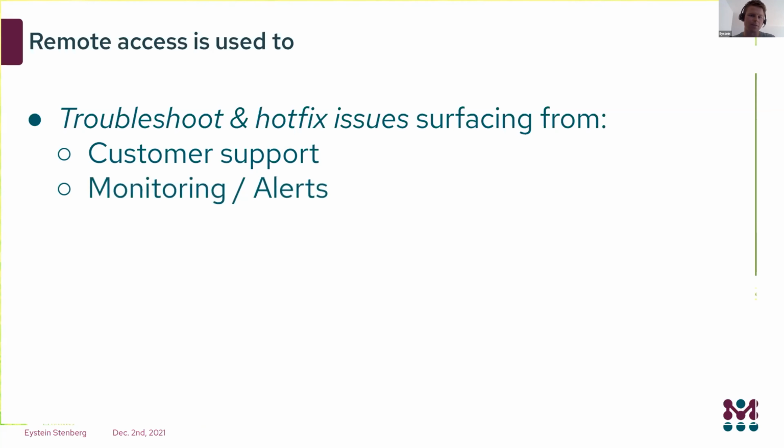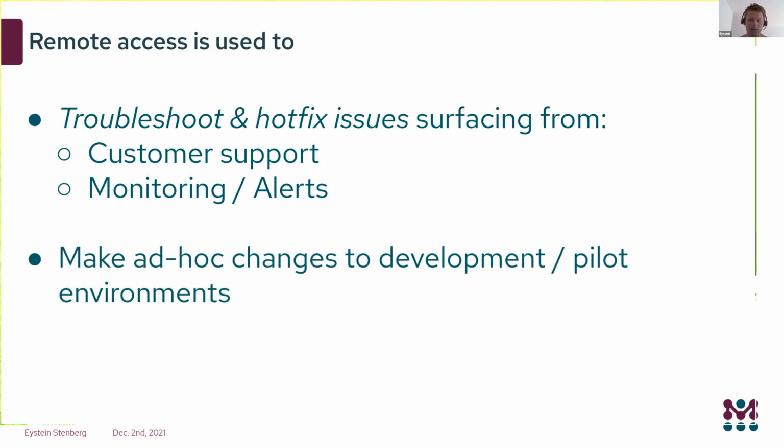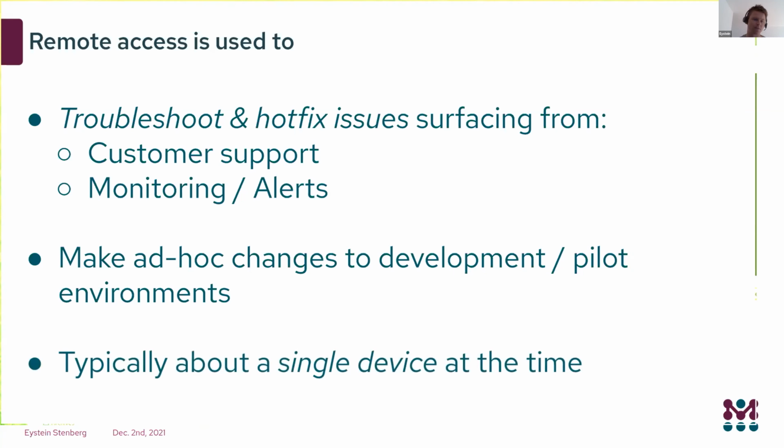But it could also be that you have monitoring set up, so you know a device goes offline or there's something wrong with it, so you want to investigate it further. And you can also use it to do ad hoc changes to pilot devices if you have 10 customers testing out the beta or pilot that you have just released. And it's almost always just about one device at a time.